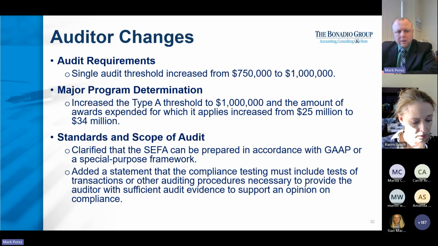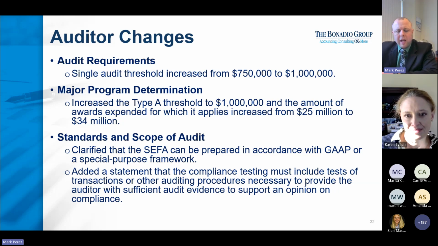The first thing I'm going to do as the auditor is classify your programs into two types, type A's or type B's. The distinction between the two is the dollar threshold that has now increased to $1 million. So the implication for you on the client side is that fewer programs would ideally be type A programs.